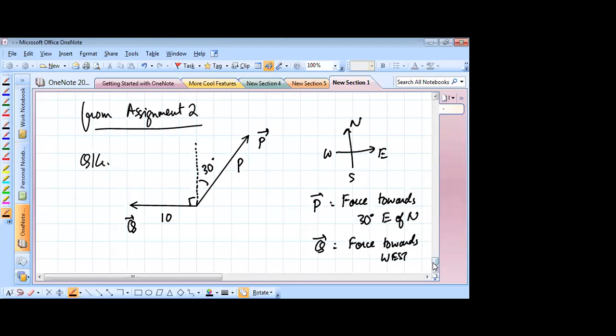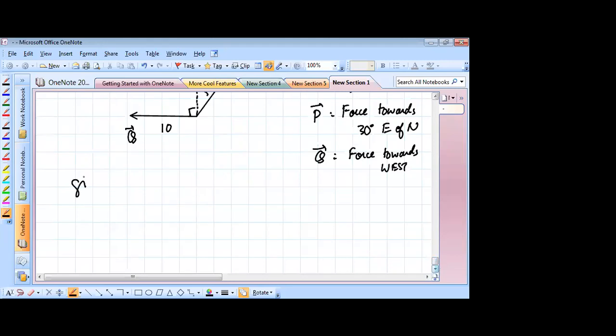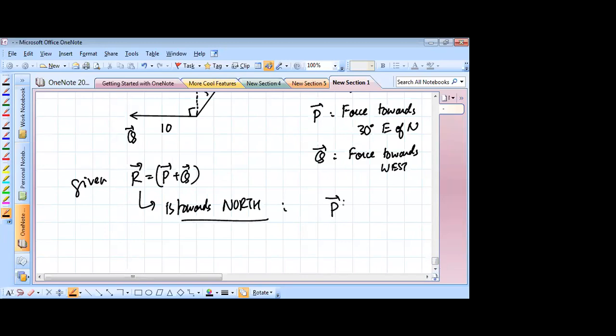Okay, but it is also given to us now that the resultant of P and Q is towards north. So from that now we have to find the magnitude of P. This is the question.